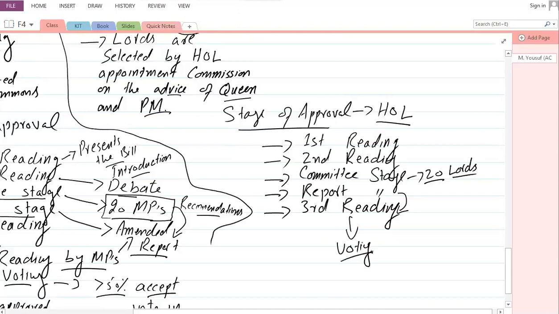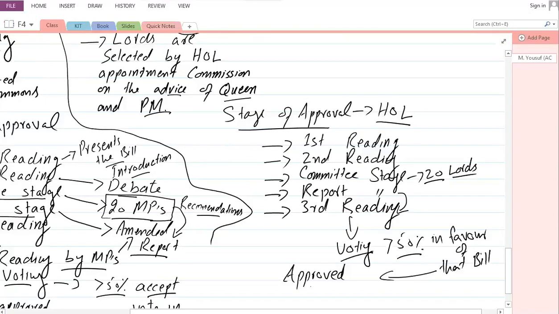And the same is the case here. If more than 50% votes are in favor of that bill, this means that this bill is approved by HOL, the House of Lords.